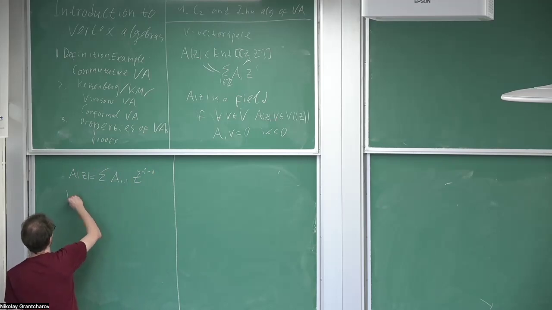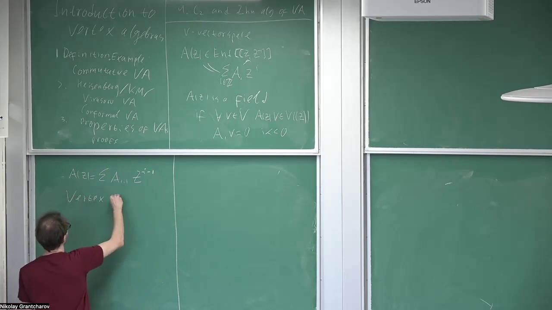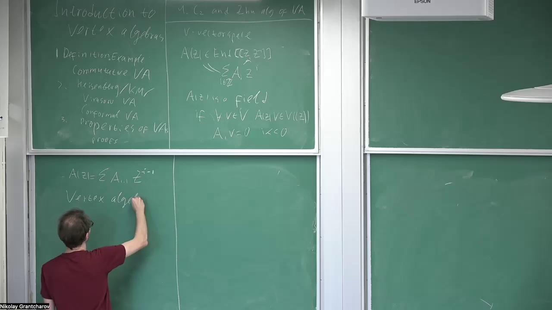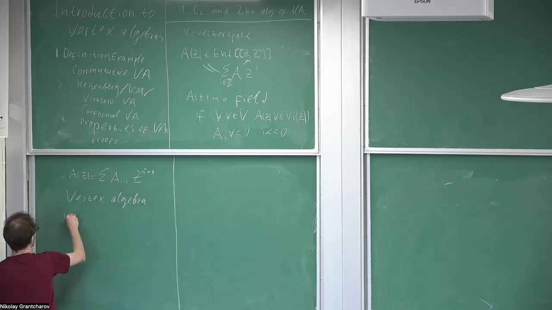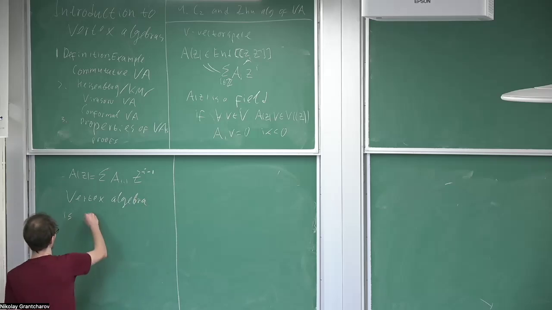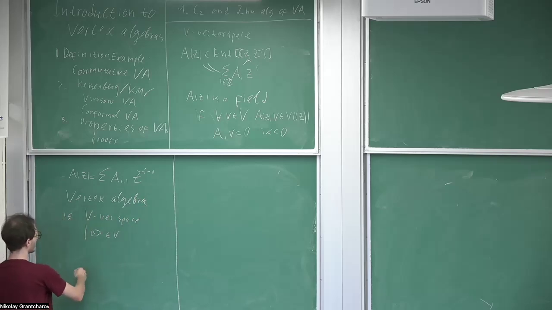So yeah, after I define a field, I define a vertex algebra. It is the following objects. So first, a vector space V, then a vacuum vector. This is the notation.